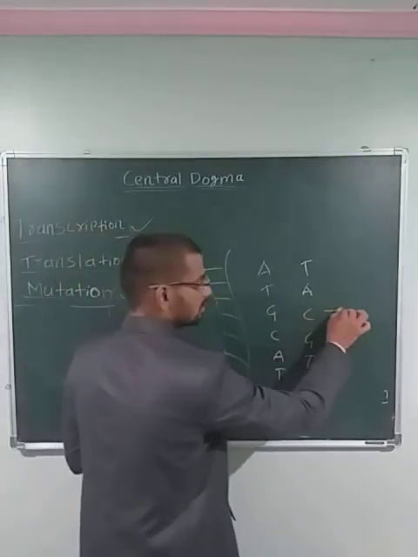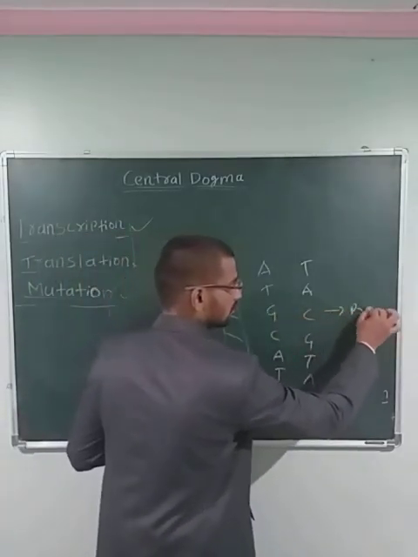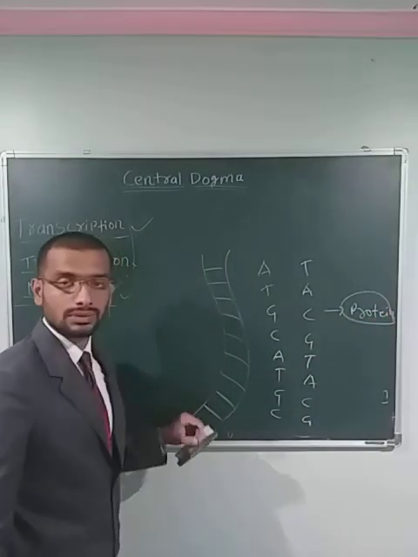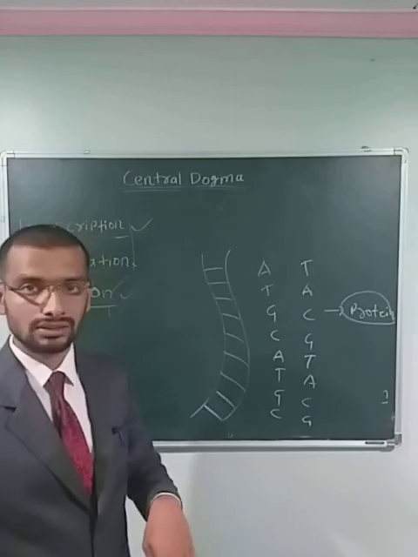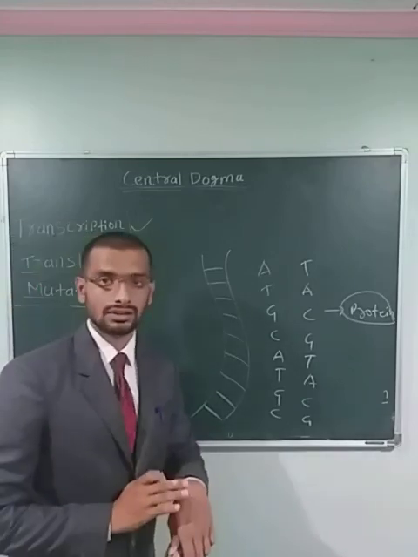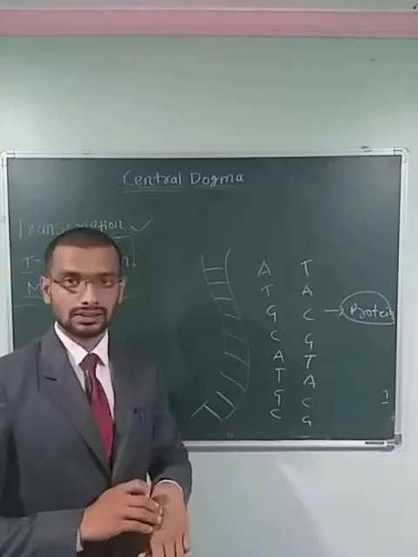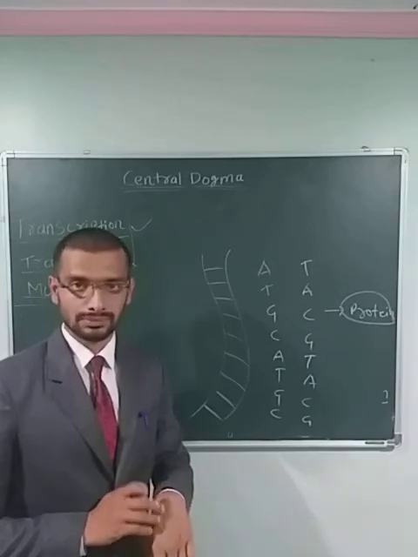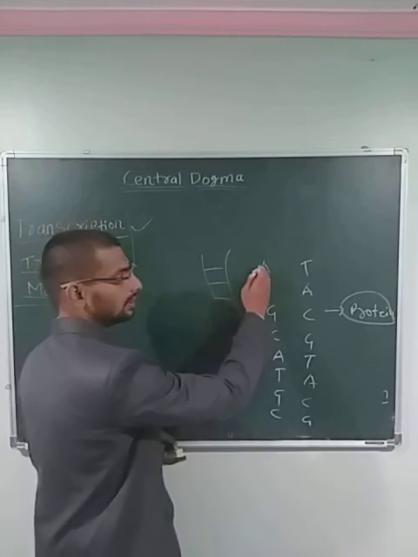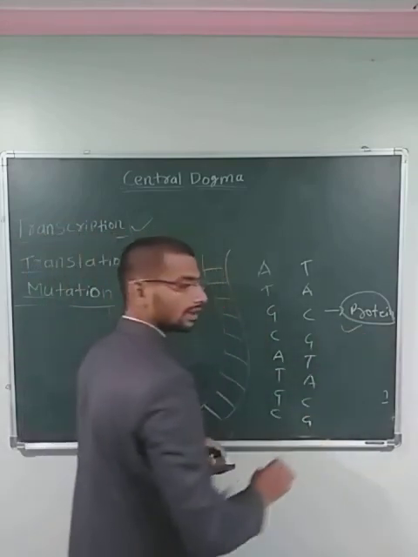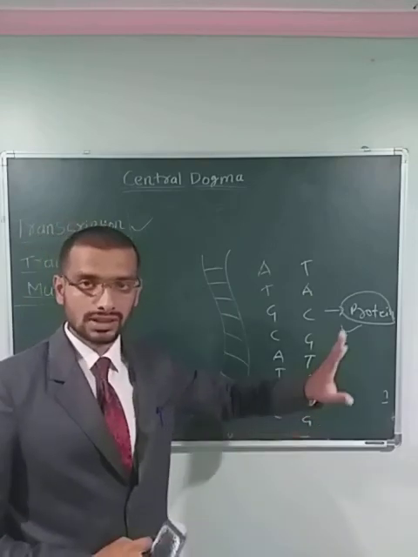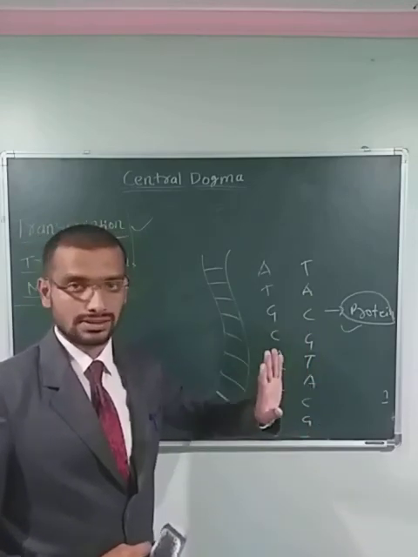This produces a particular protein. For example, melanin. Melanin is a pigment which is necessary to give skin color. If the melanin is not present in your body, it can lead to the disease called albinism. Suppose a particular DNA gives a particular protein, for example melanin. So your skin color is healthy, and you will not suffer from diseases like skin cancer.